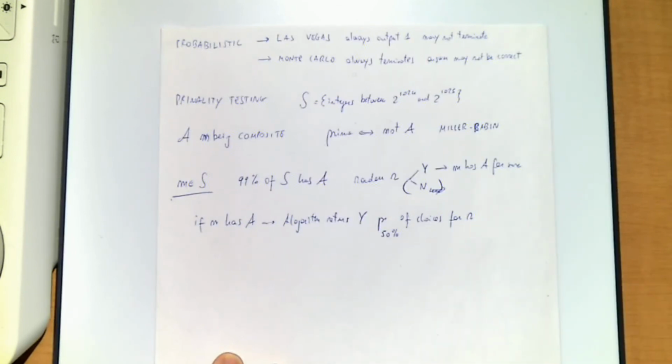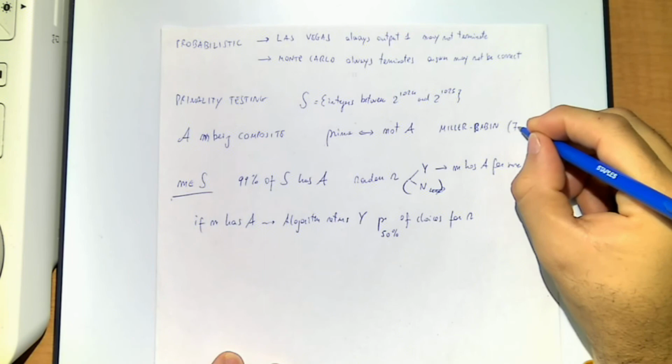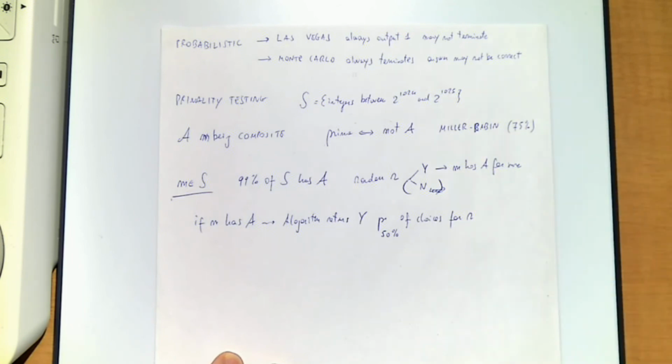Okay, let's assume it's 50%. We've seen that in Miller-Rabin, actually, this is closer to 75%. Remember, we said it was the 3/4 for Miller-Rabin.